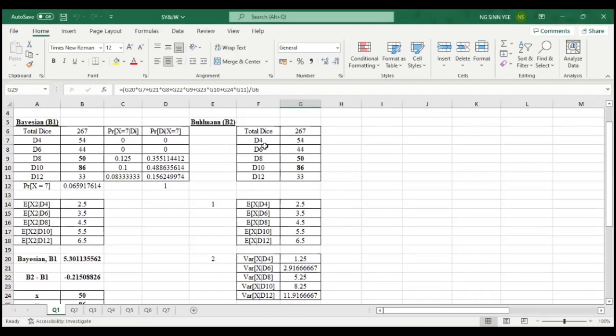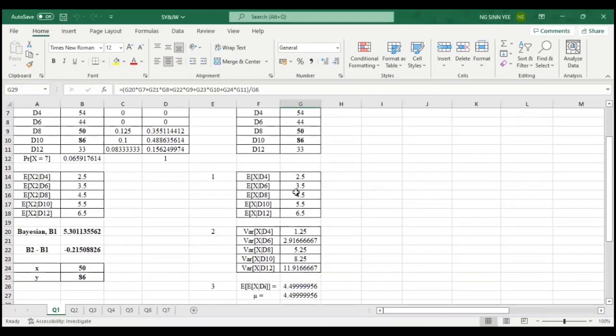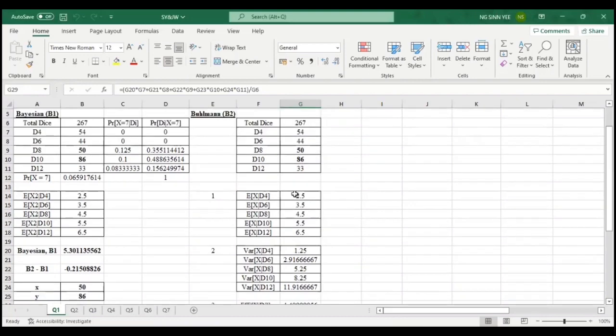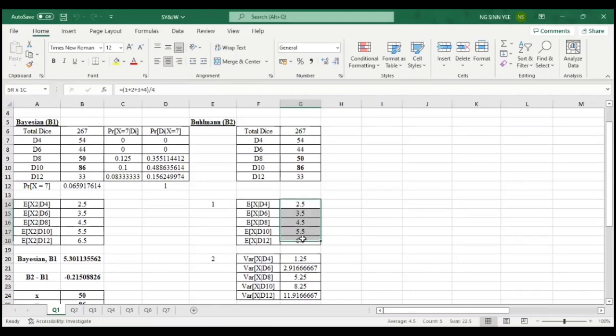Next, I will explain the Bowman method for predicting the expected value of the next roll. The Bowman method requires us to find the expected value of X given the die is die 4, and all of the expected values are listed as shown on the screen, the same expected values used in the Bayesian method.